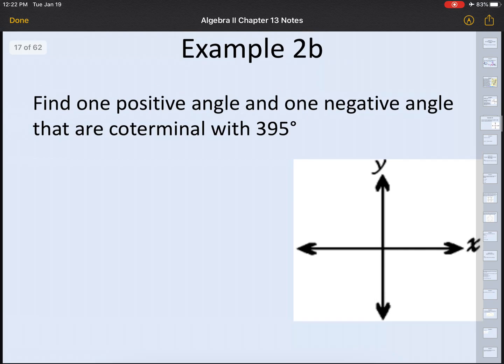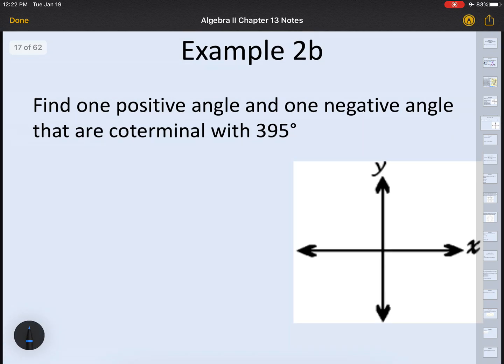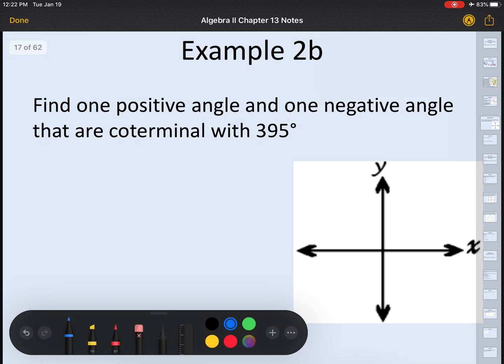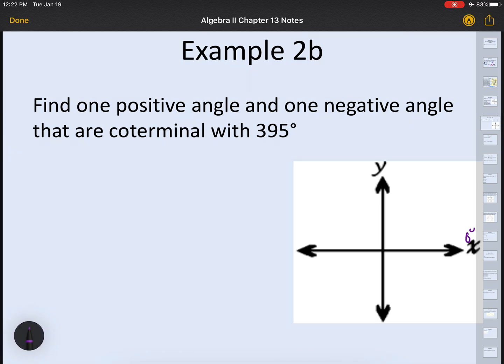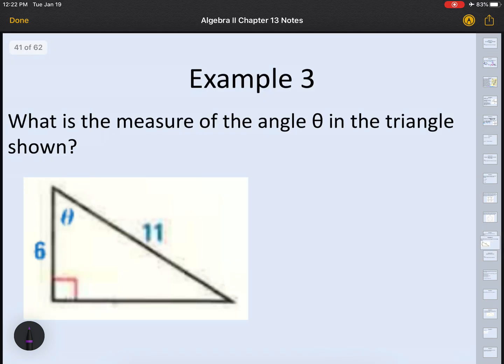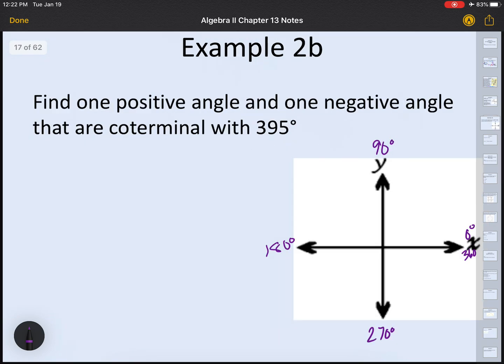But let's say we want to do 395 now. Okay, so again, think about, well, this is 0 degrees, 90, 180, and 270. But 0 is the same as 360. Okay, so again, we got to think of a positive one.